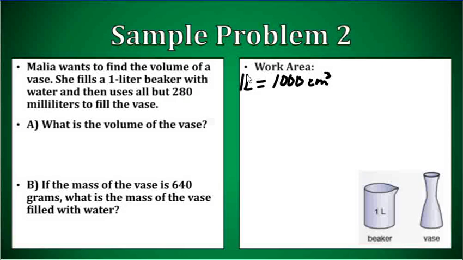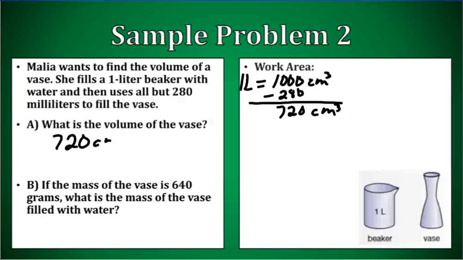But it uses all 1,000 but 280. So I need to subtract 280 milliliters, and 1,000 minus 280 would give us 720 cubic centimeters. So 720 cubic centimeters.